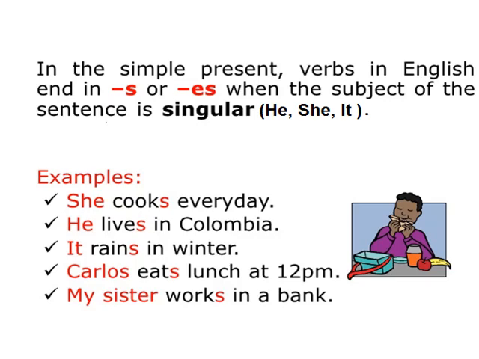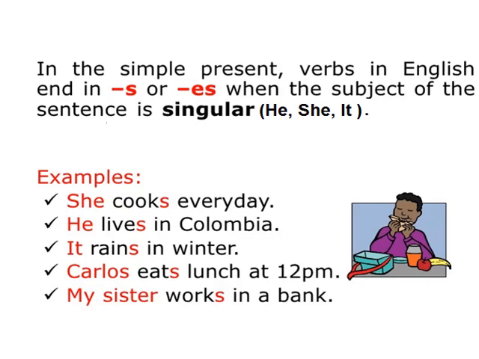He lives in Colombia. He is the singular subject. So, we add s to the verb live and we write it down as lives. He lives in Colombia. It rains in winter. It is a subject.